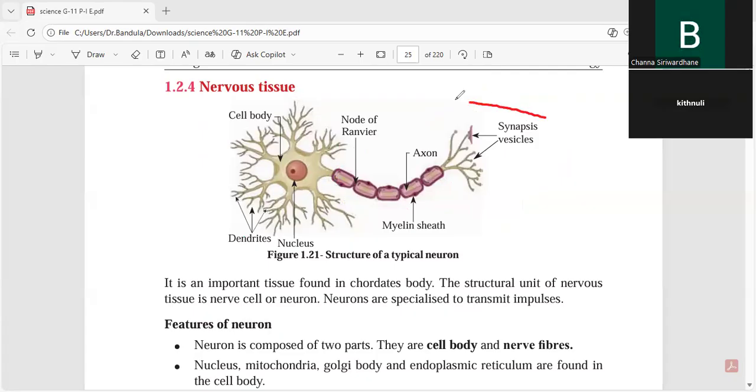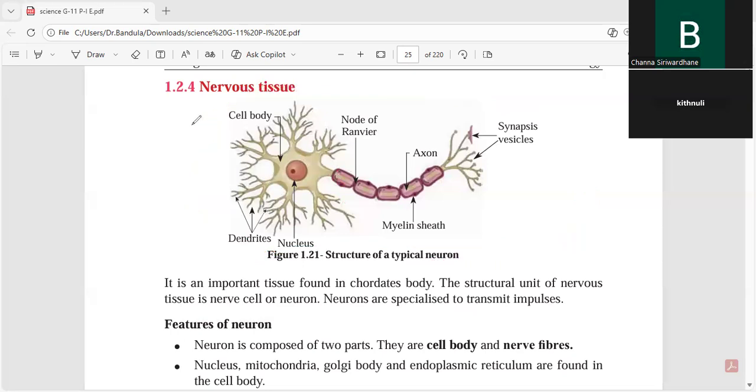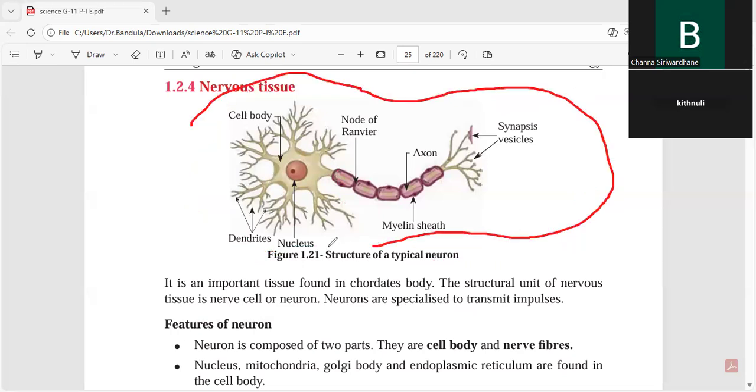Now, when we are considering these two parts together, we call it a neuron. Neuron is the name that we are using to name the structural and functional unit.